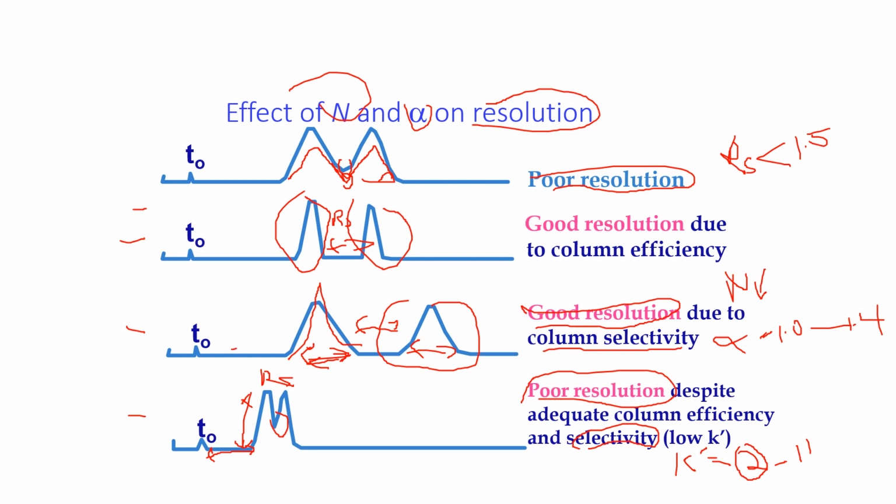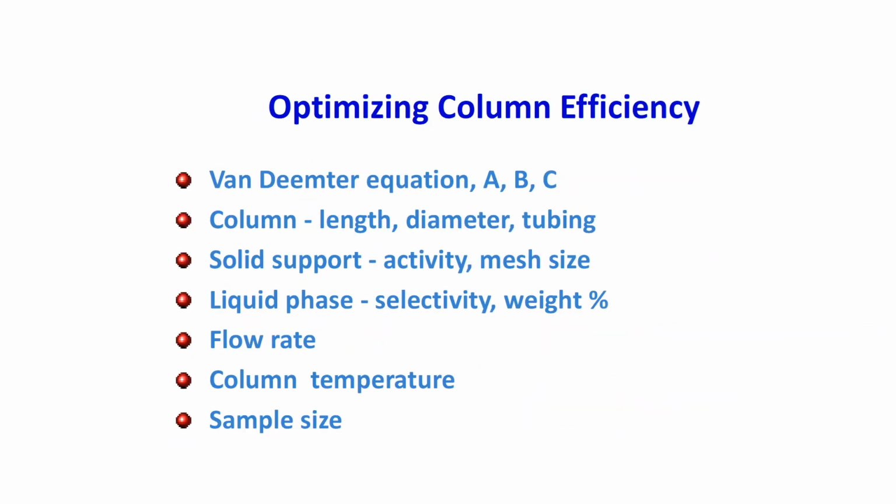As for here, you can see that the K prime maybe is around 4. Here it is only 1 point something or even 2. So that is the effect of the efficiency and alpha on the resolution.